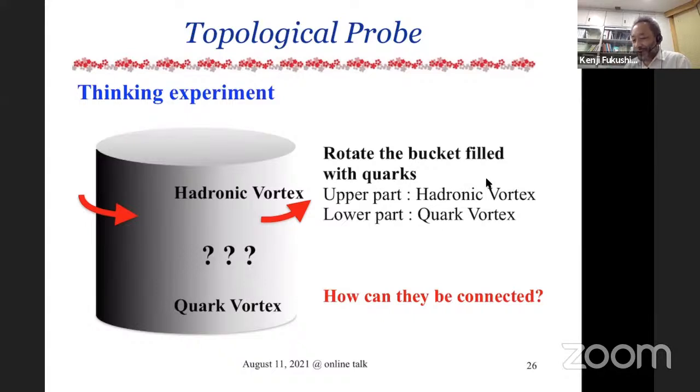So let me perform the following thought experiment. If you have a bucket, and around the bottom of the bucket you have quark matter, and around the top of the bucket you have hadronic matter, and then you make it rotate, what happens? As I said, if the density is high enough, the quark matter is gapped.